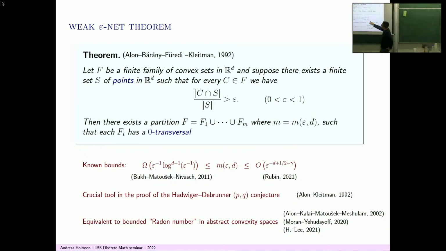The upper bound is a very recent breakthrough due to Natan Rubin. And you see it's really far apart. Rubin's proof, which I have not verified at all, is a more than 100-page paper.